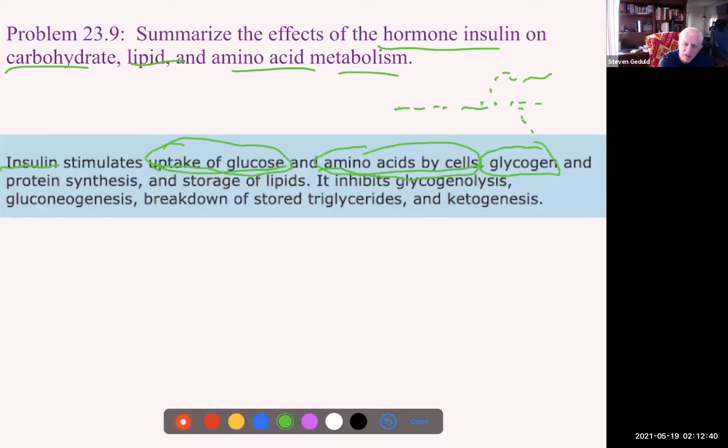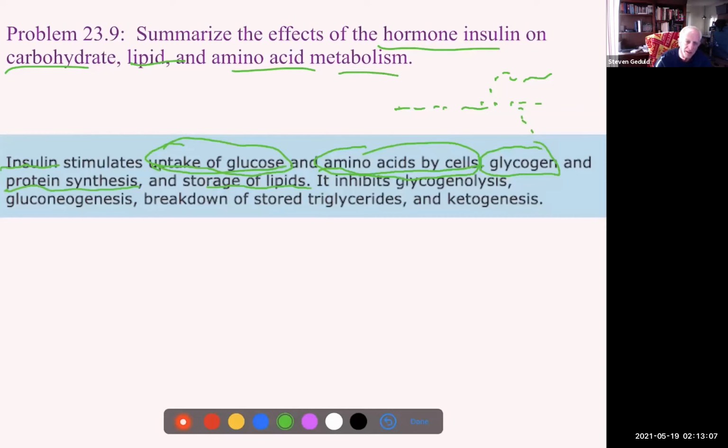It's a branched series of glucose units. That's how we store glucose for the body, in the form of glycogen. And protein synthesis, the formation of proteins from the amino acids that are being broken down by metabolism, and storage of lipids. The lipids are formed into triglycerides and stored in the body.